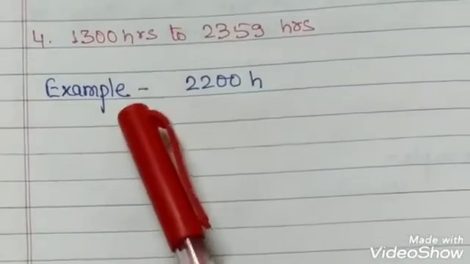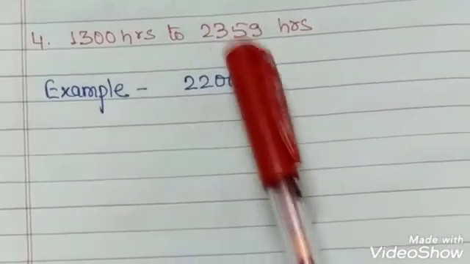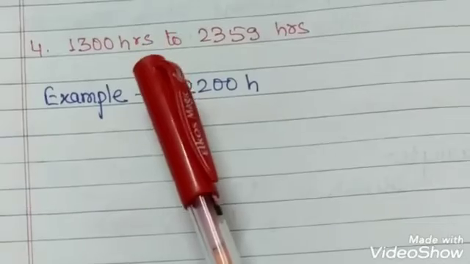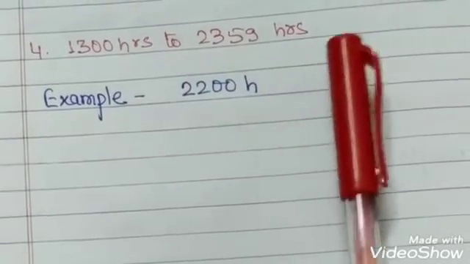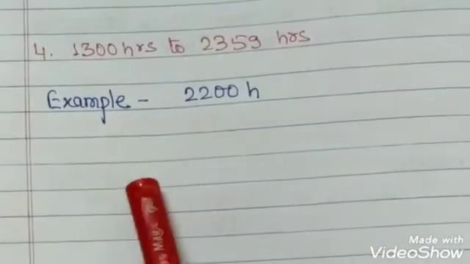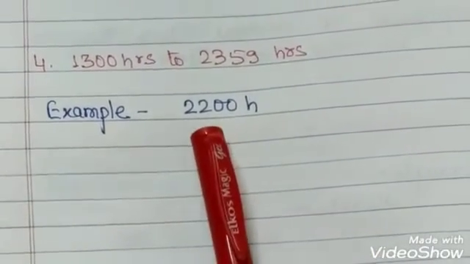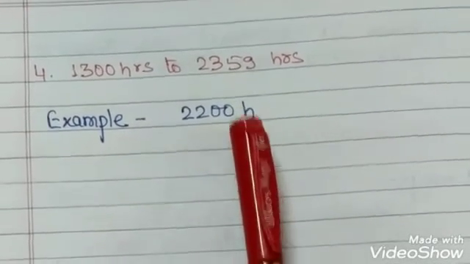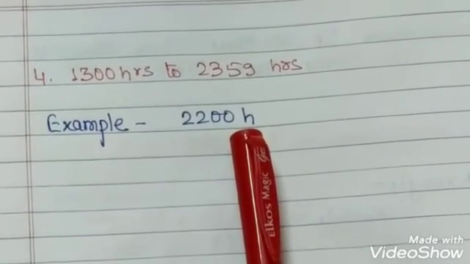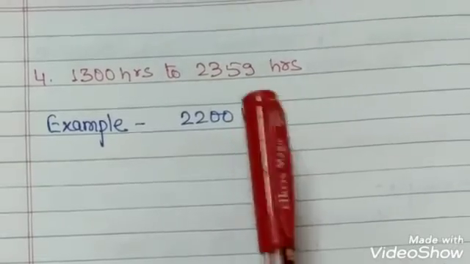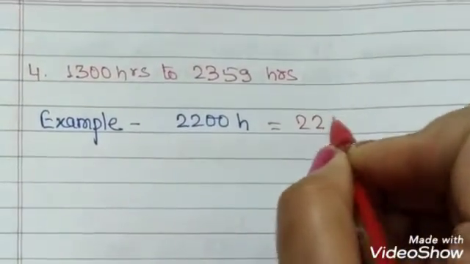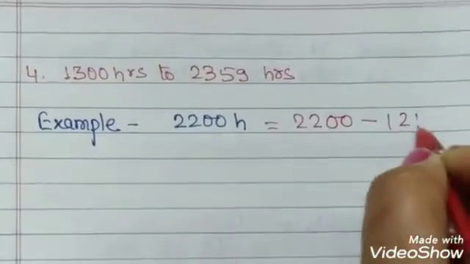Next, for the time from 1300 hours to 23:59 hours, subtract 12 hours from the given time and write the unit as PM. For example, change the time 2200 hours to 12-hour clock time. To change 2200 hours, we will subtract 1200 from this number. So the step will be 2200 minus 1200.